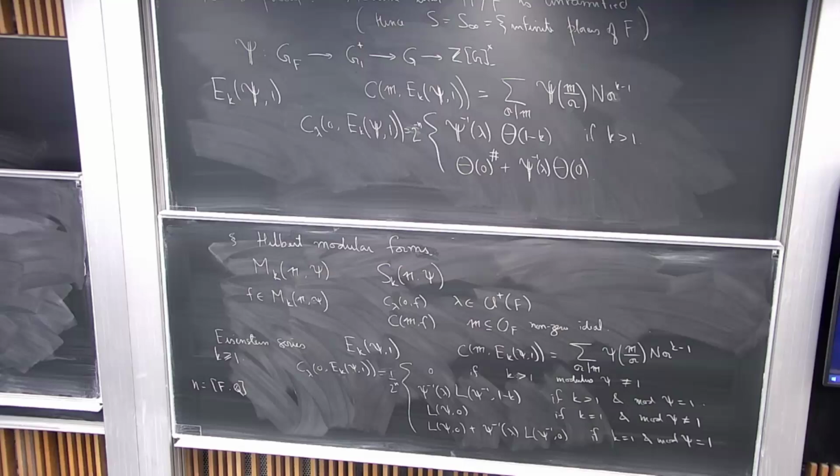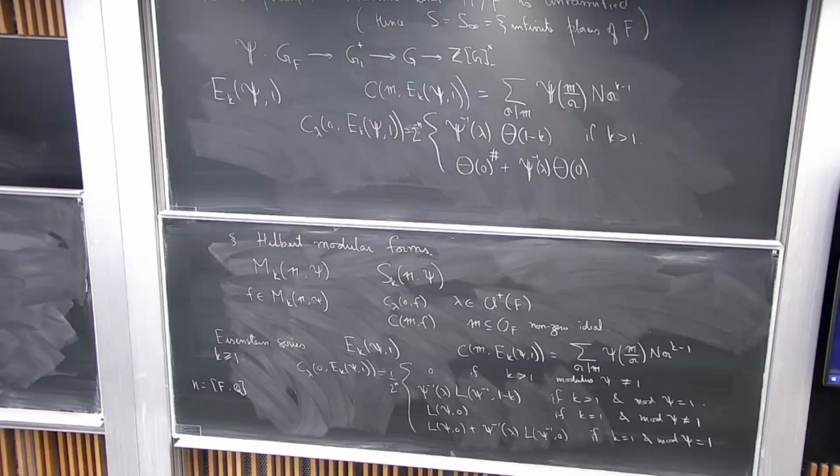So this is in ZG if the appropriate condition on T is satisfied. And so similarly for k equal to 1. So that's what this 0 means.